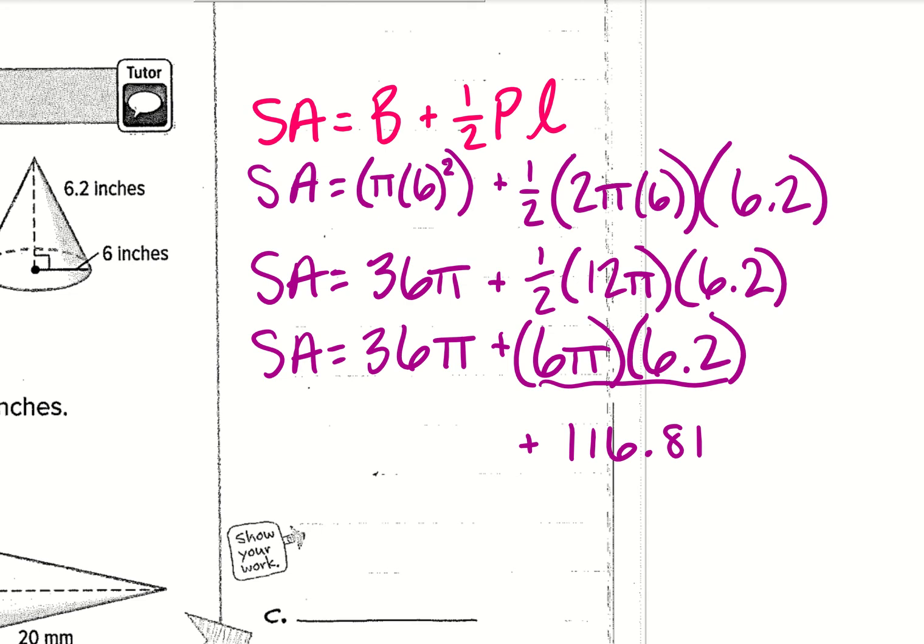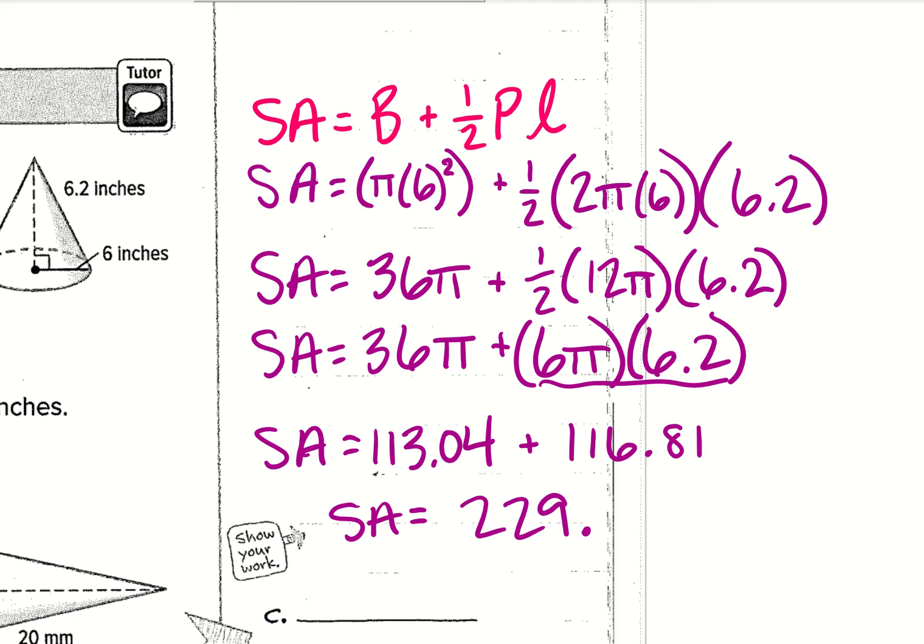So 36 times 3.14 is 113.04. Now our last step is just to add those two together. I type that in, I get 229.85, and that's going to be inches. And again, surface area is inches squared.